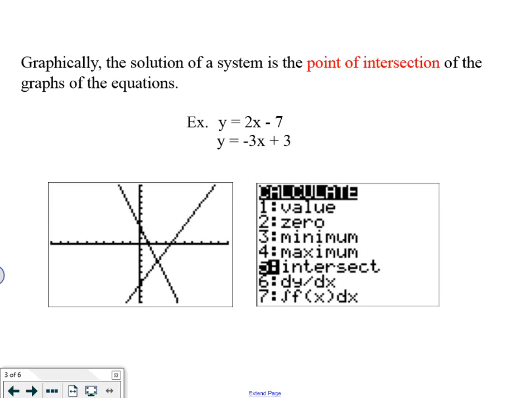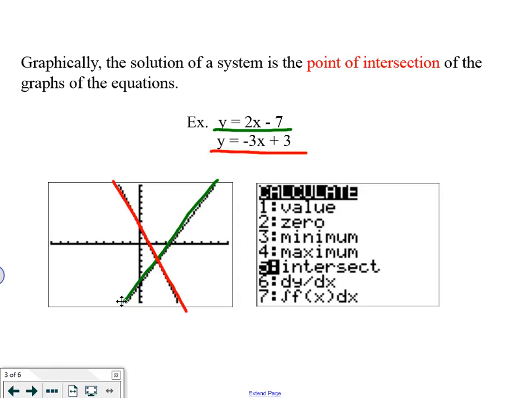In this example, we have two equations, a system, y equals 2x minus 7, which is this line, and y equals negative 3x plus 3, which is this line. On the calculator, I graphed both of those, and I've used the calculator because the calculator will graph it exactly. Graphing by hand, obviously where you're drawing it, can be inaccurate.